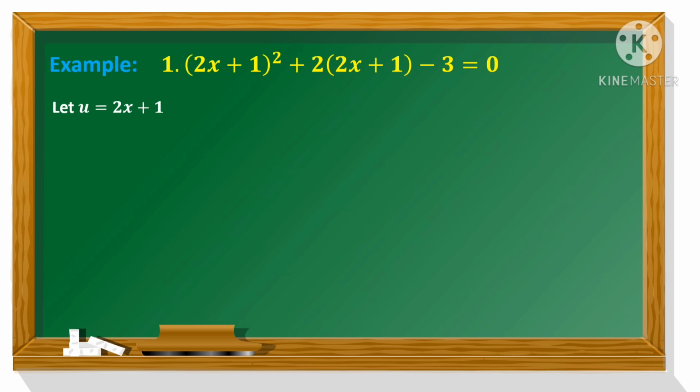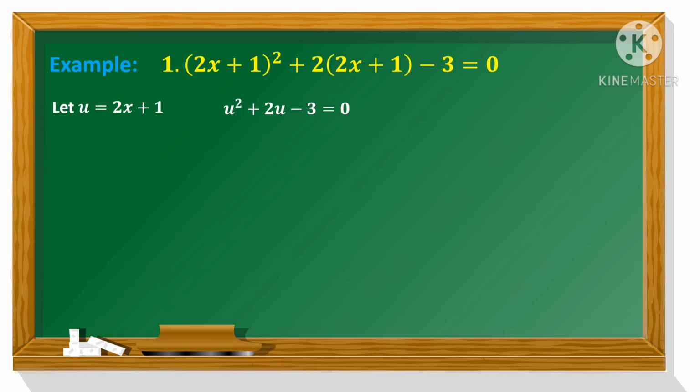And if we replace that by u, it will become u squared plus 2u minus 3 equals 0. As we look at the equation now, it is a simple quadratic equation. Then we are going to solve this quadratic equation to find the value of u.